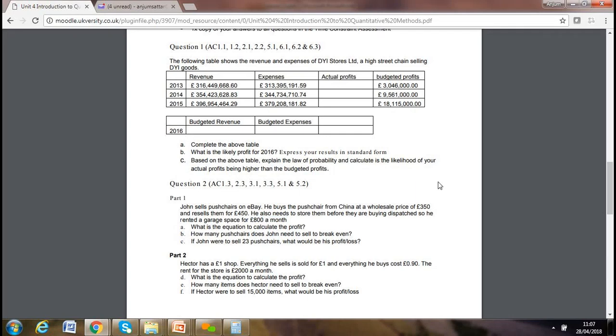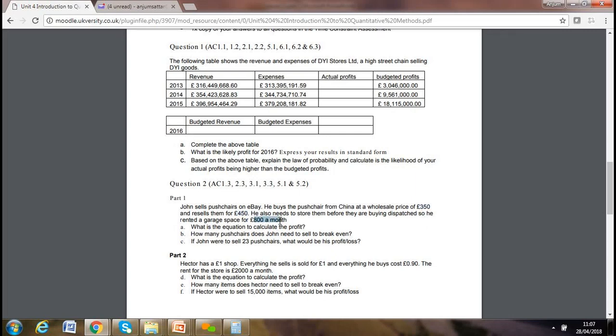What is the selling price? You'll see there, the wholesale cost is 350. Okay, so that I understand. I thought we were discussing part A, where the requirement is an equation to calculate the profit. The profit equation is simply your sales revenue minus your cost, which is 350, and minus your 800 as well.